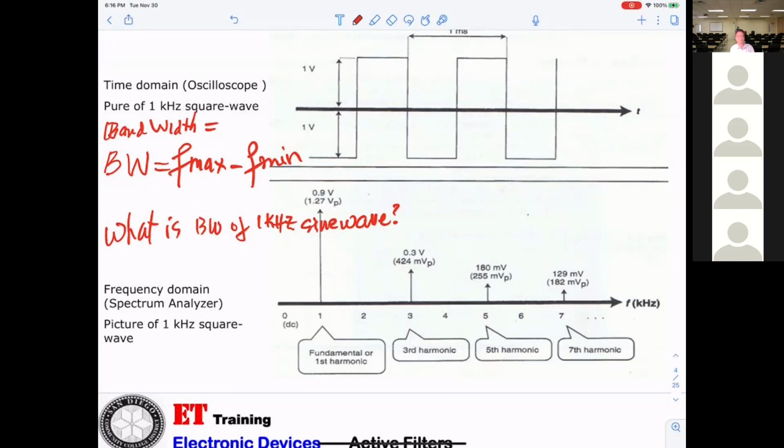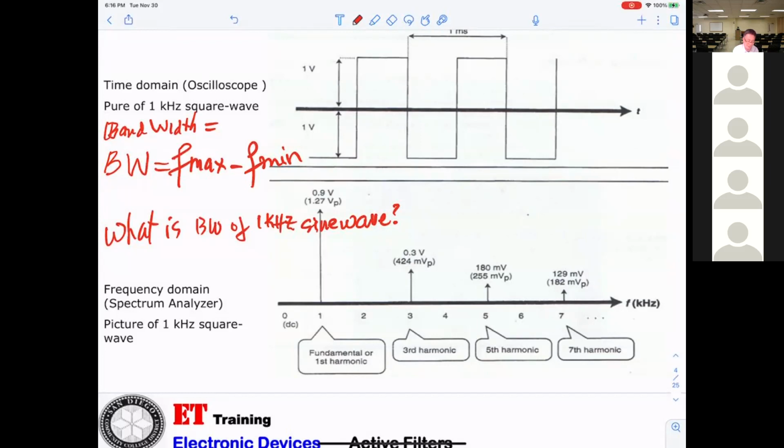Wait a minute, what's the bandwidth of 1 kilohertz? 1 kilo. Yes, 1 kilohertz. You can see the sine wave on the oscilloscope. So what is the bandwidth of that 1 kilohertz? 1 kilohertz.